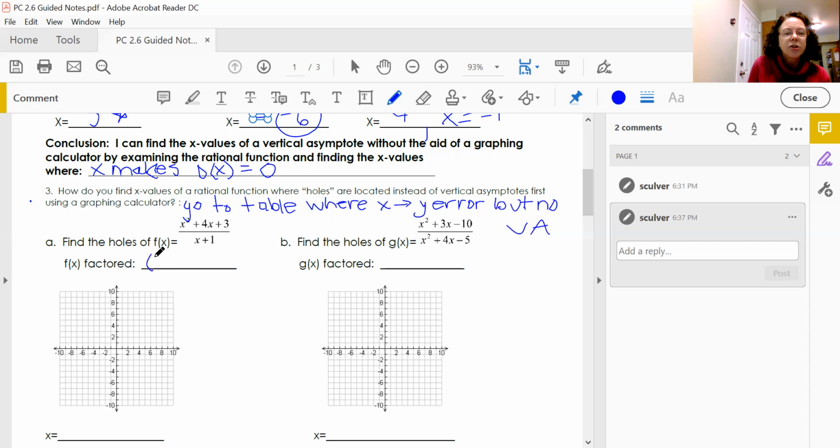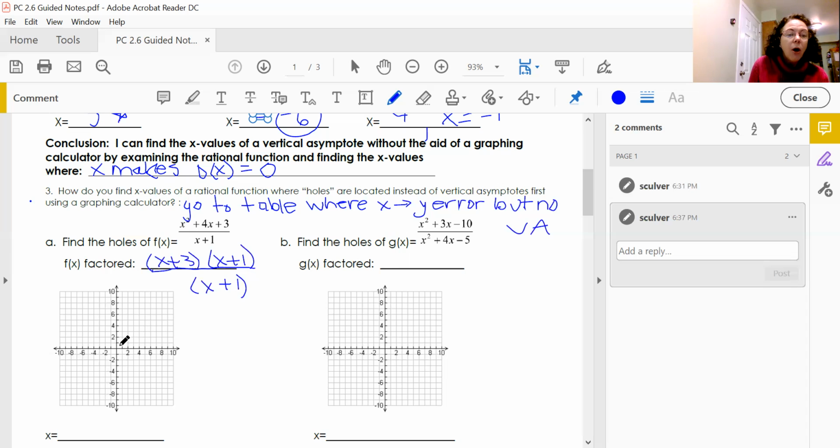The expression factors: the numerator to x plus 3 and x plus 1, and the denominator, oh, it doesn't factor, it already is x plus 1, isn't it?